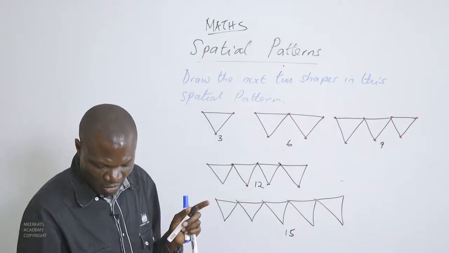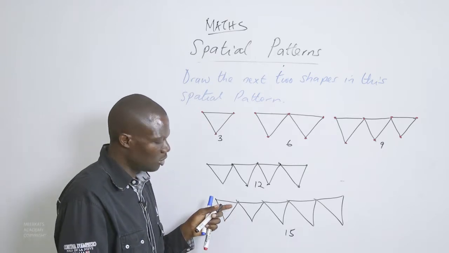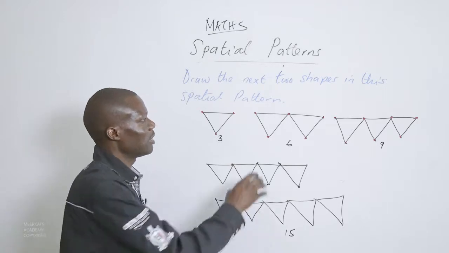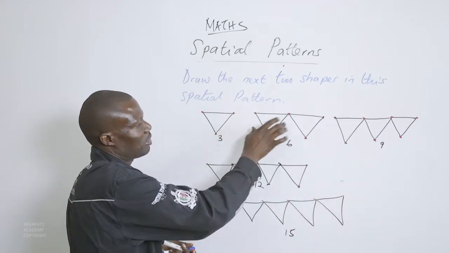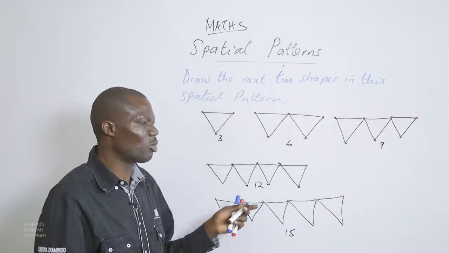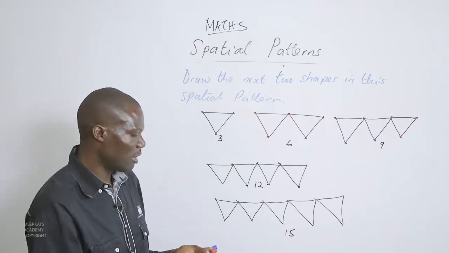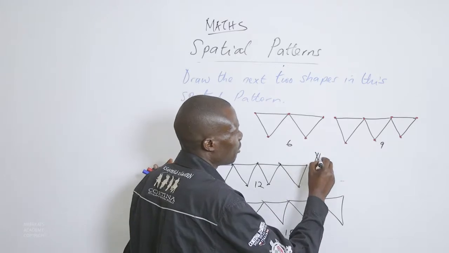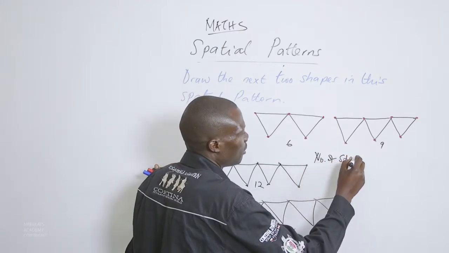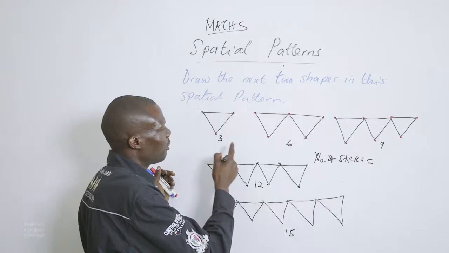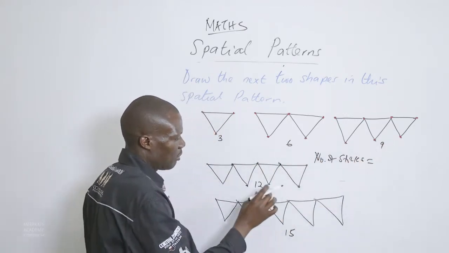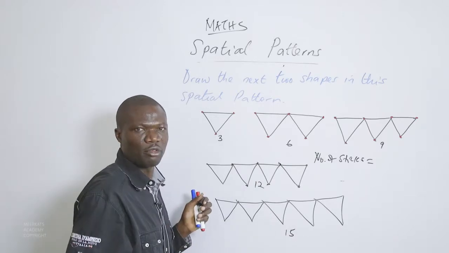Then the next question is asking us to simply come up with what we call the number pattern. This is a spatial pattern for the triangles. We have those shapes. Now, what is the number pattern? For us to come up with a number pattern, we just count the number of sticks here. The number of sticks for the first shape is 3, then 6, then 9, then 12, then 15.